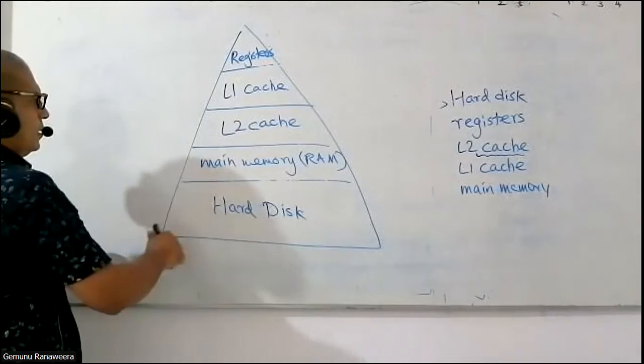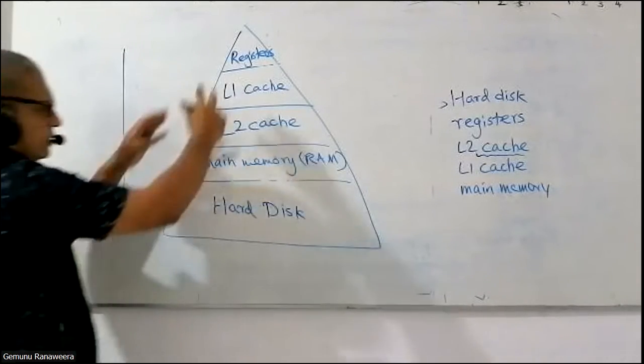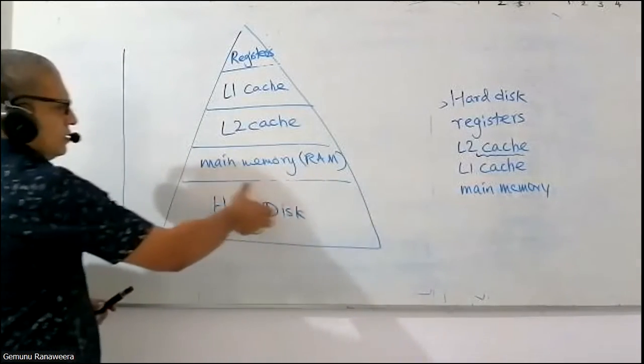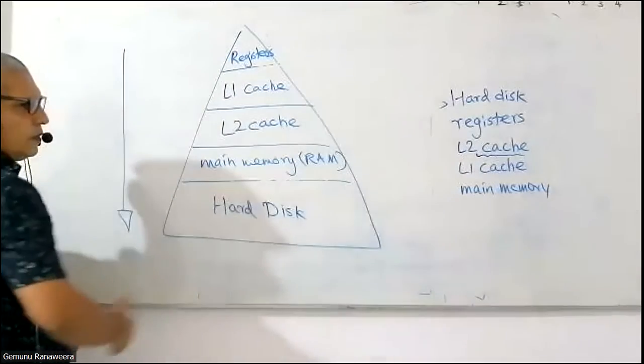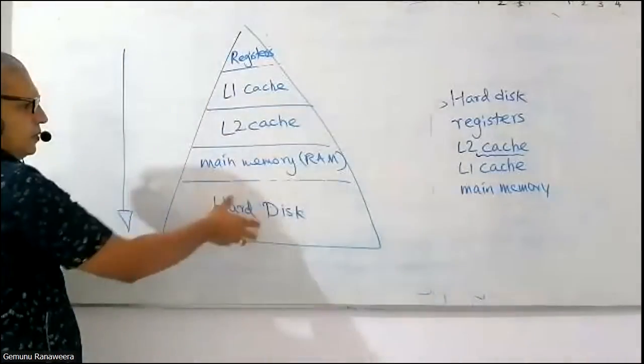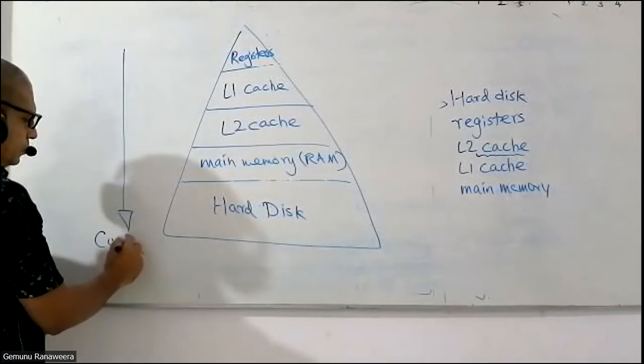When you come from top to bottom through these memories, this shape is very important because it indicates that the capacity is increasing as you go down. The capacity of these memories increases from top to bottom.